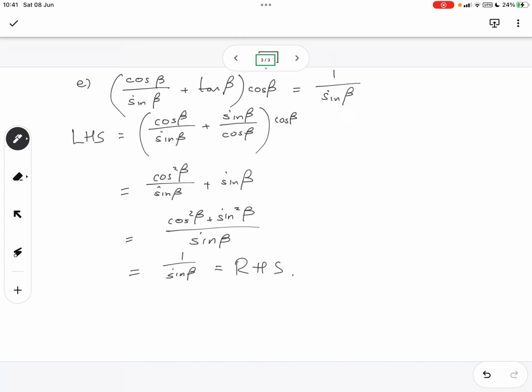That's a square identity, and that's 1 over sine beta, which is the right-hand side.